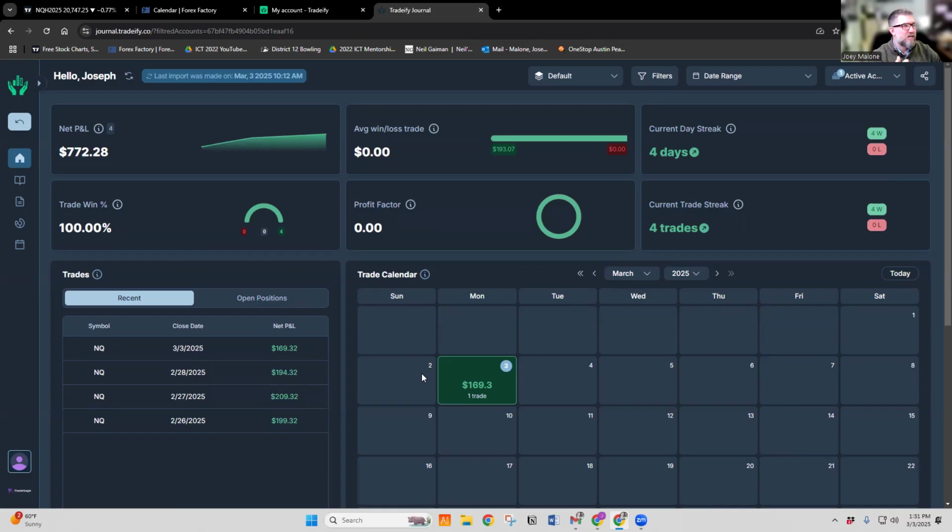And there's a little psychology behind it, and I'll talk about that in another video on why I think I'm more disciplined with this account as opposed to the other accounts that you might get through like Apex Trader Funding and stuff. So again, Tradeify, one trade, $170 while I'm in school. And for the fourth straight green day in a row, account's up 772.28.